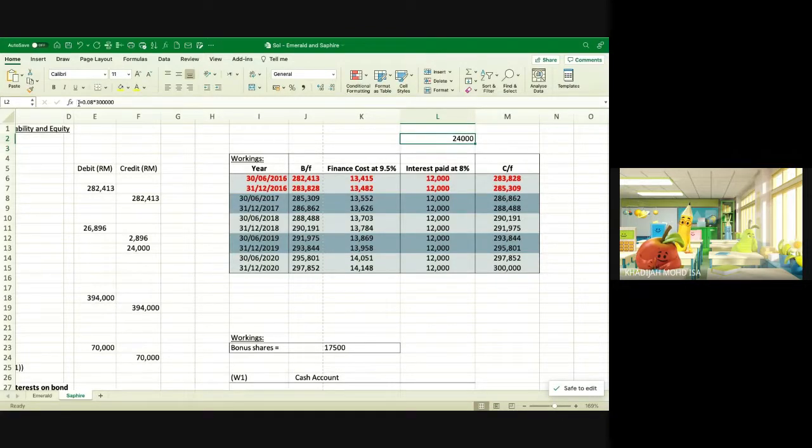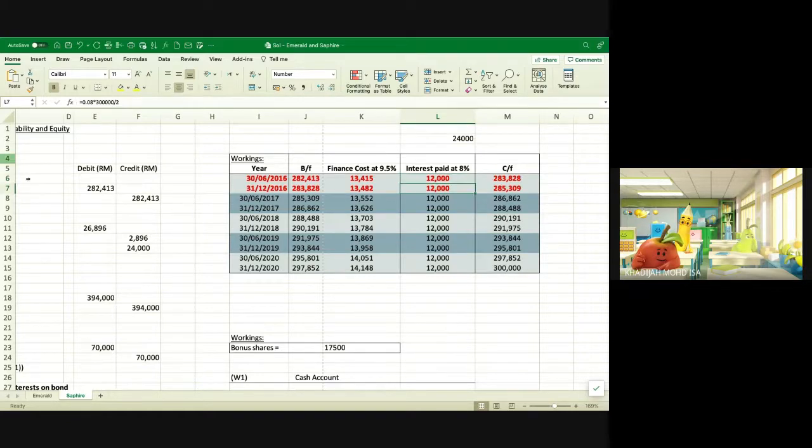Because you are paying twice in a year, every June and December, it now becomes divided by 2. If you look at the computation, it's 8% times 300,000 divided by 2, because the payment is twice a year. So you take note of the 12,000.